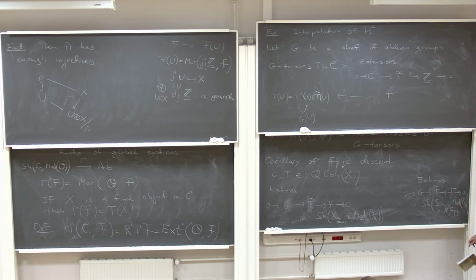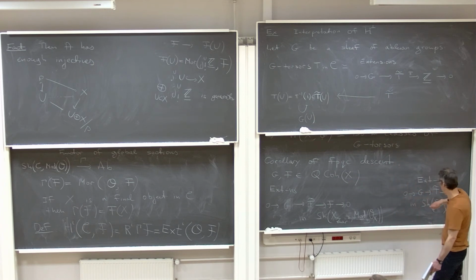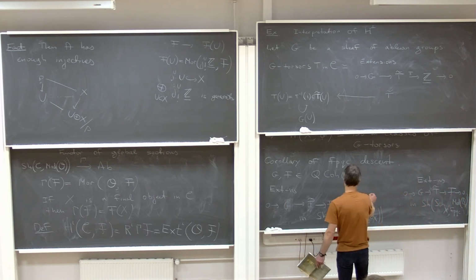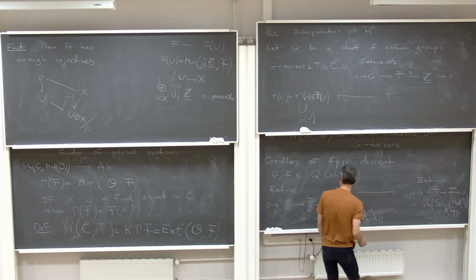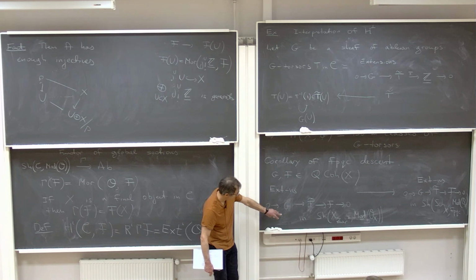Here, when I write this, I mean that any quasi-coherent sheaf on X defines a sheaf on this category. If you have a scheme over X, you just pull it back to that scheme. So G can be viewed also as a sheaf of modules on this category. And now there is a functor in this direction. How does this functor work?